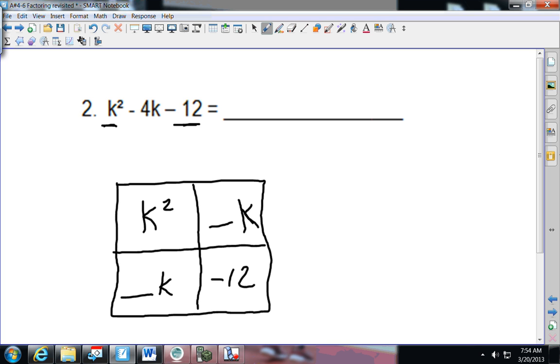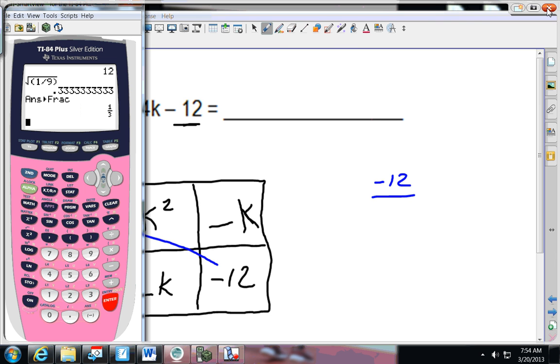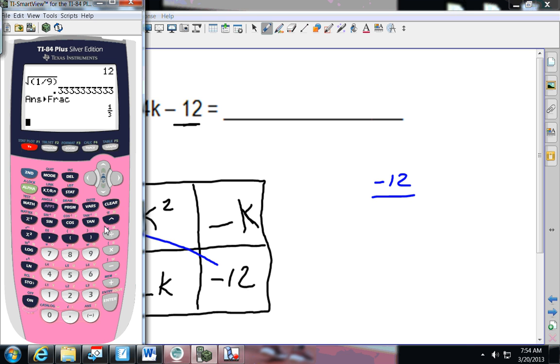Now, again, there is a 1 in front of that k squared. 1 times negative 12 is negative 12. If you don't know what your factors are, you can go to the calculator, go to y equals, and put in negative 12 divided by k, or x in this case, second graph.